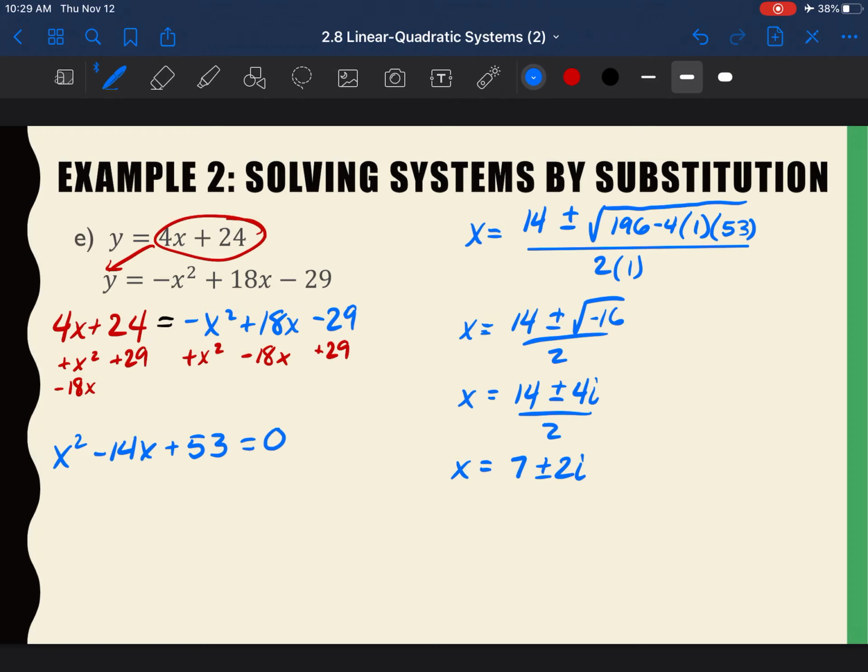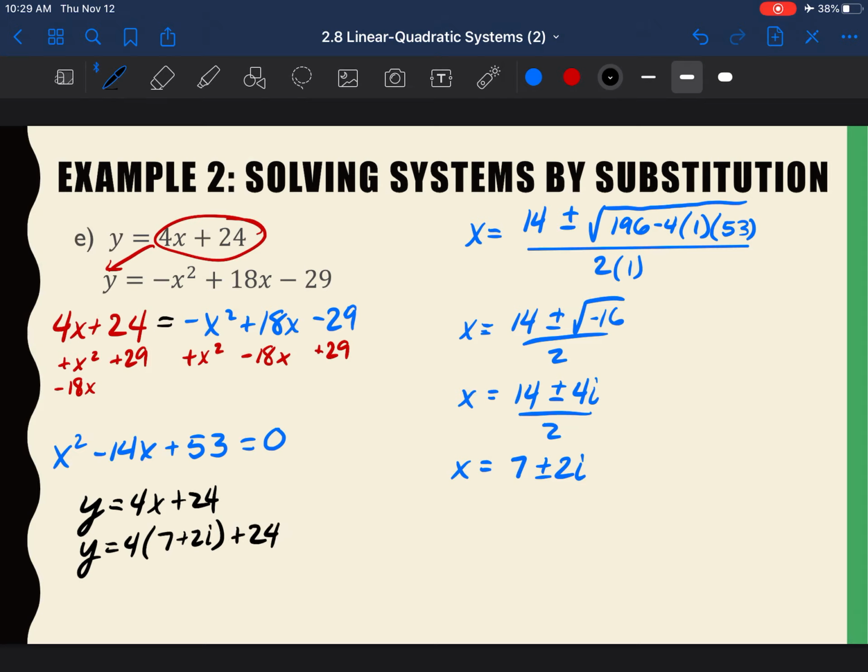And then if you were to get the y, so if you repeated that but with the y, so let's see, if I use the equation y equals 4x plus 24, plug in, let's start with the 7 plus 2i. So y equals 4 times 7 plus 2i plus 24.